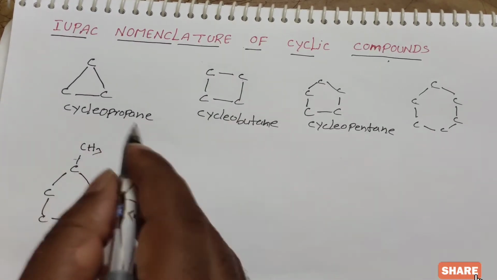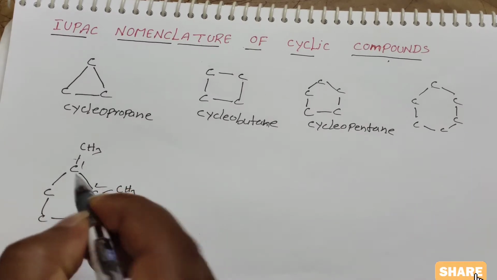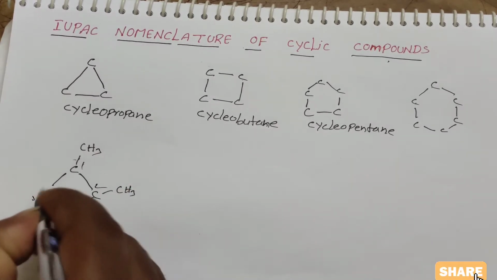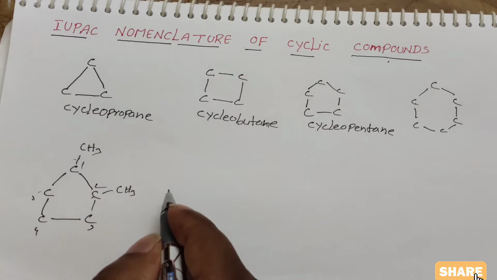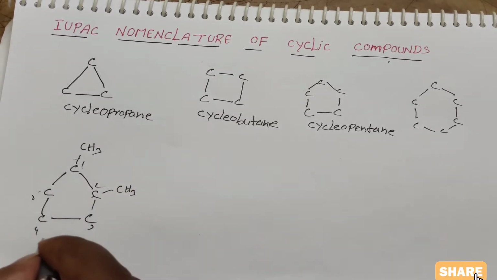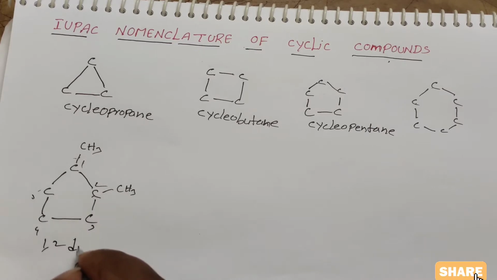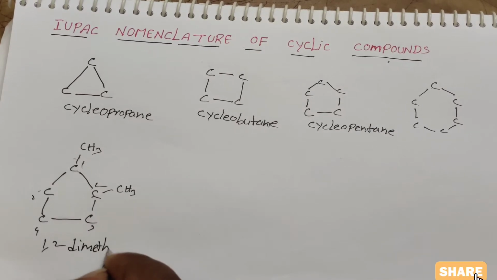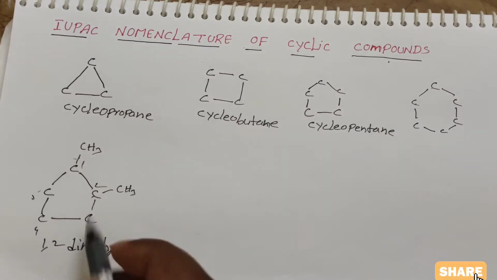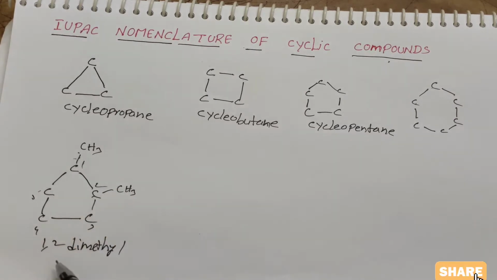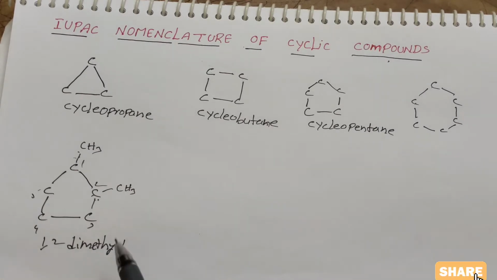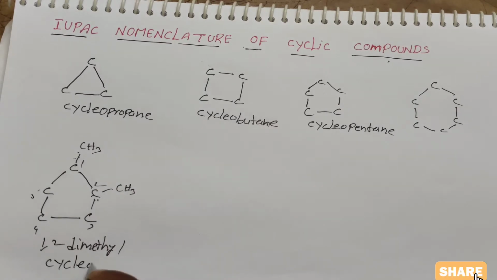So here I am giving numbering like that, 1, 2, 3, 4, 5. So the name of the compound is 1,2-dimethyl. Why am I using dimethyl? Because two methyl groups are present at the first position carbon and the second position carbon. 1,2-dimethylcyclopentane.